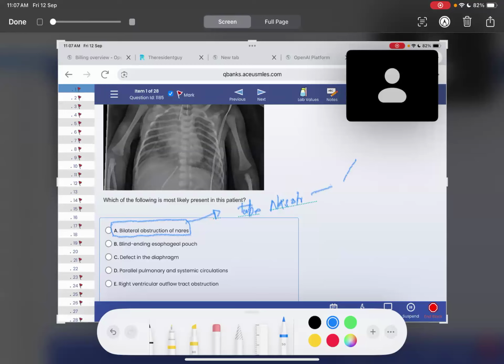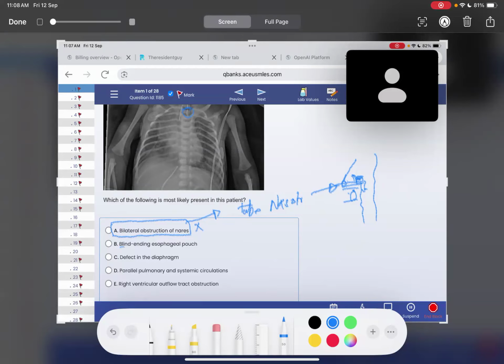For example, this is your nose, this is your nasal cavity, this is your oral cavity, this is your pharynx, and these are your nares, and there is a blockage over here. So whenever you put a nasogastric tube and there is choanal atresia, the tube will not pass into the esophagus. But in this case, the tube has passed and reached the esophagus, so this option is incorrect.